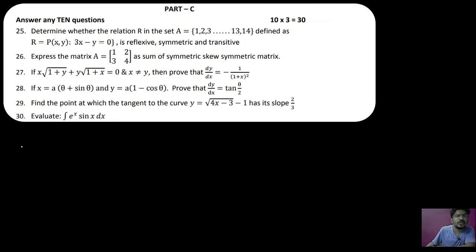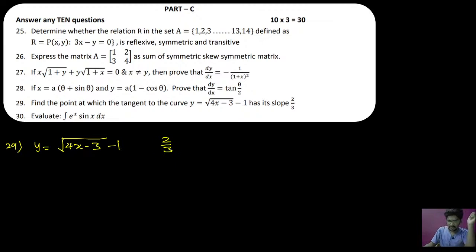That is problem number 29. In problem number 29, what they are asking: find the point at which the tangent to the curve y equal to root of 4x minus 3 minus 1 has its slope as 2 by 3.